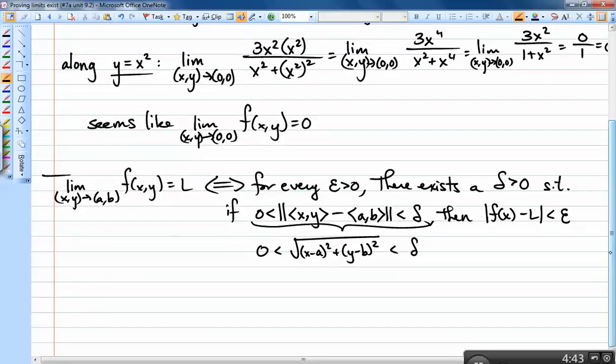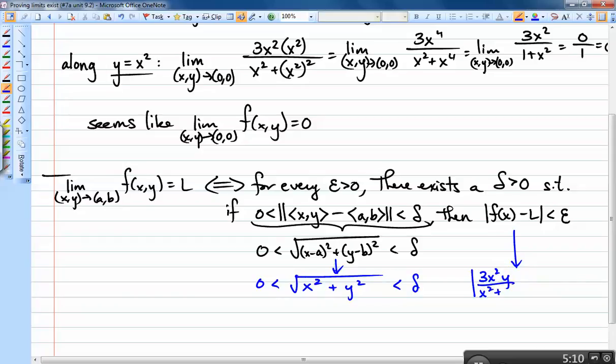And for our specific example, this is going to be 0 is less than square root of x squared plus y squared less than delta, since a and b are 0 and 0. And f of (x,y) is 3x squared y over x squared plus y squared. And we think that L is 0, so we're just aiming for this.